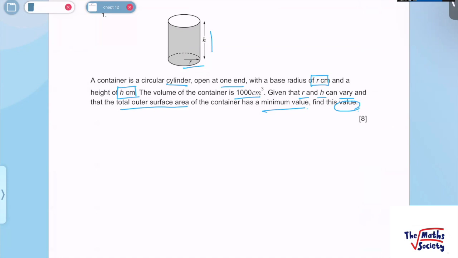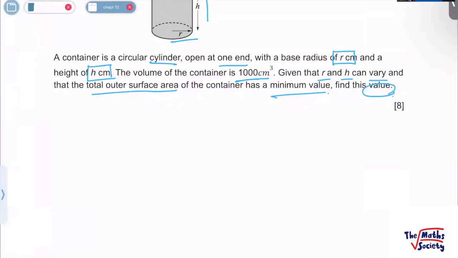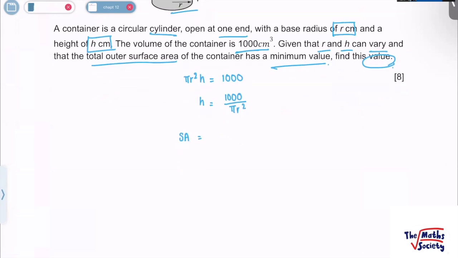So firstly, we know that the volume is 1000 cm cubed, so we use the volume formula, pi r squared h, which is equal to 1000 cm cubed. If you want to know h, it's just going to be 1000 by pi r squared. To find surface area, the formula is pi r squared plus 2 pi r h.